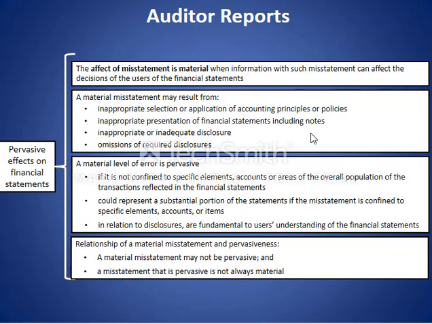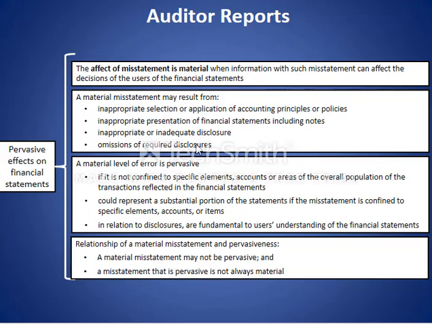Now, a material misstatement itself can result from a number of different situations. Number one, inappropriate selection or application of accounting principles or policies. Inappropriate presentations of financial statements, including the notes. Inappropriate or inadequate disclosures, and also omissions of required disclosure.